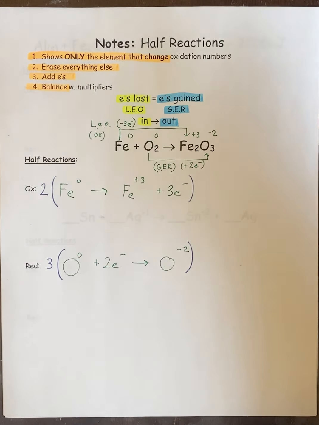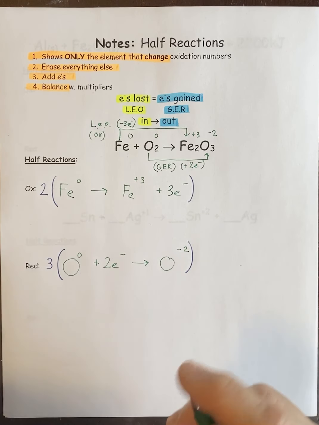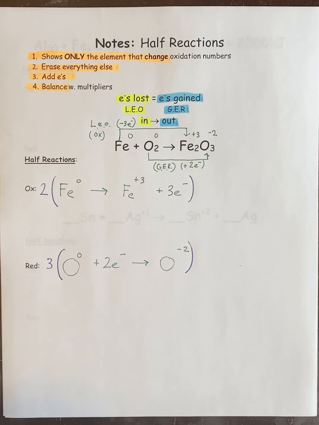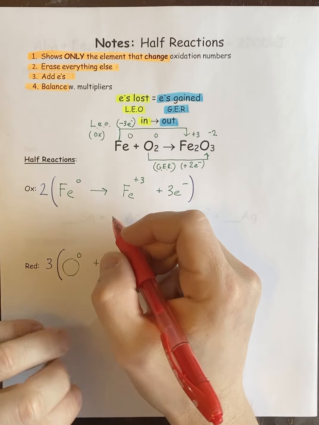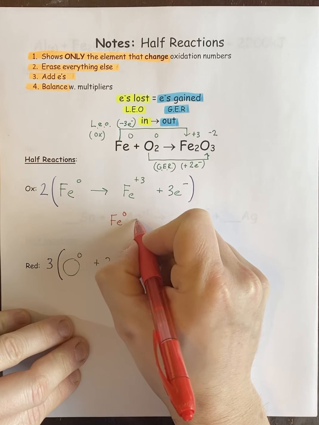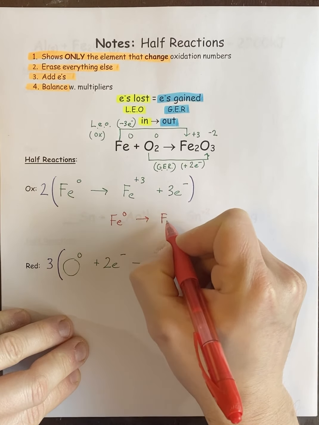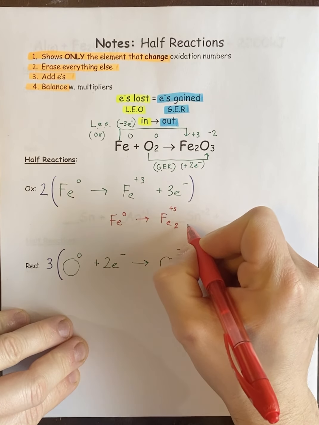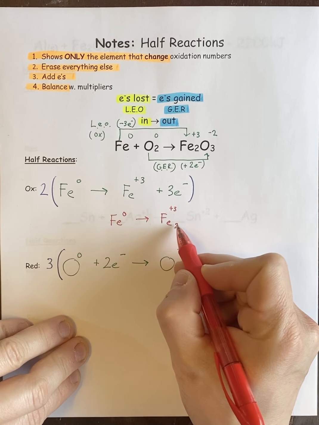This is when you do full half reactions. The way it would look is it would look like this. I use a different color just to hopefully not confuse people. So in these reactions, I'm actually going to keep this here.